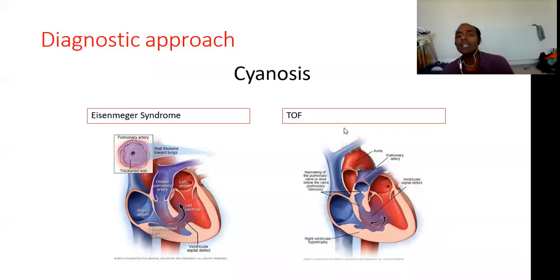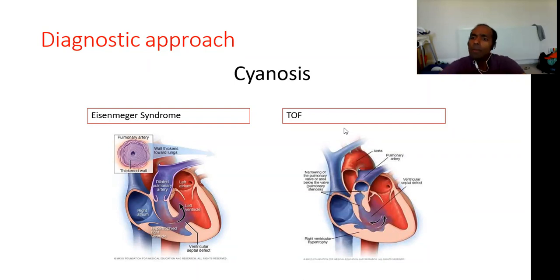The other disease you can see in adults causing cyanosis could be tetralogy of Fallot. Remember, patients with tetralogy of Fallot can survive to adulthood, even if they don't undergo intervention. They can survive. So, tetralogy of Fallot is another condition that can cause cyanosis.